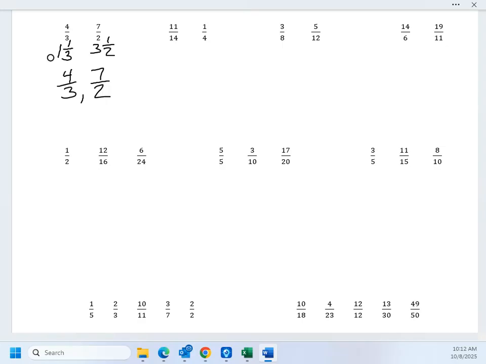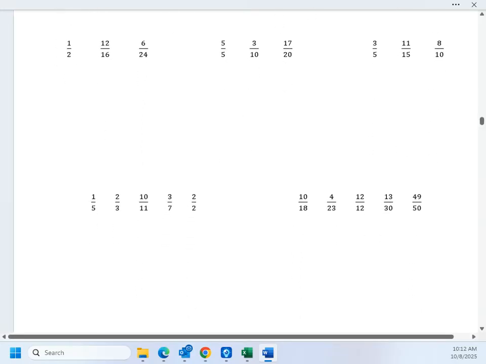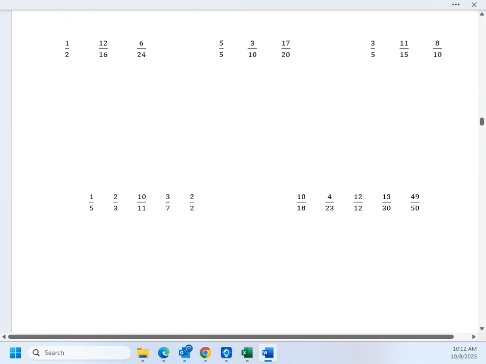Now we come down to multiple fractions. So let's look at 1/2, 12/16, and 6/24. What method do you want me to use on this one? What do you think, Michael?